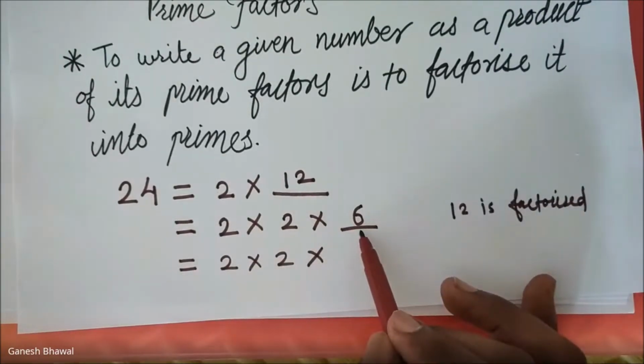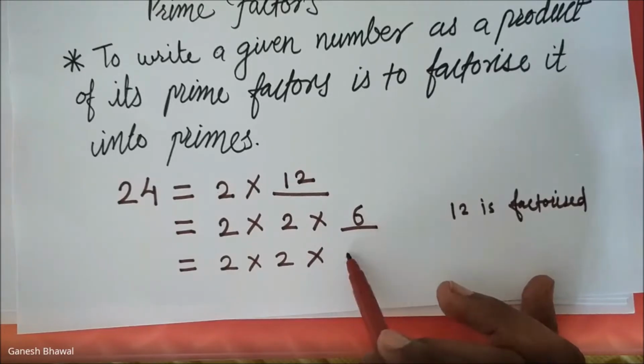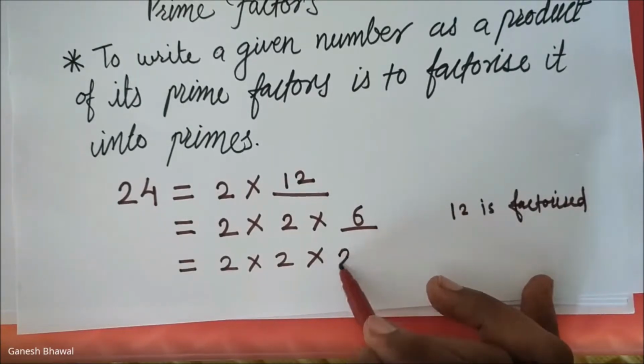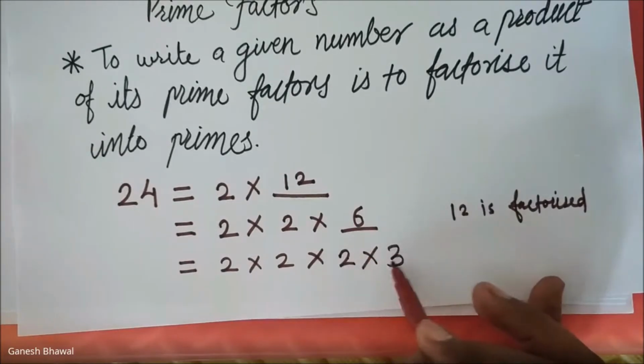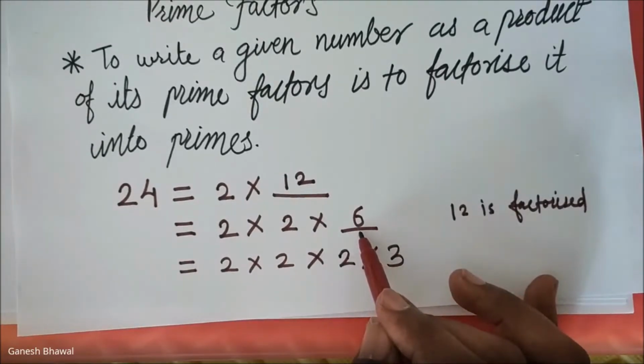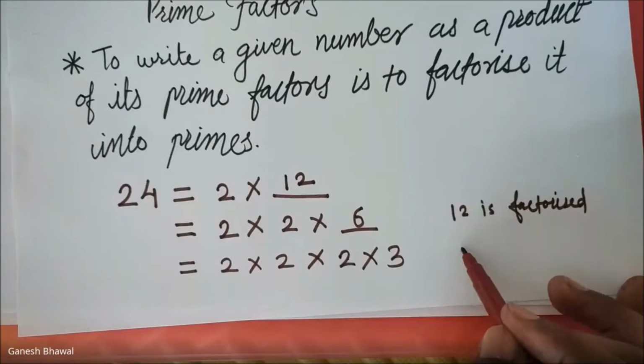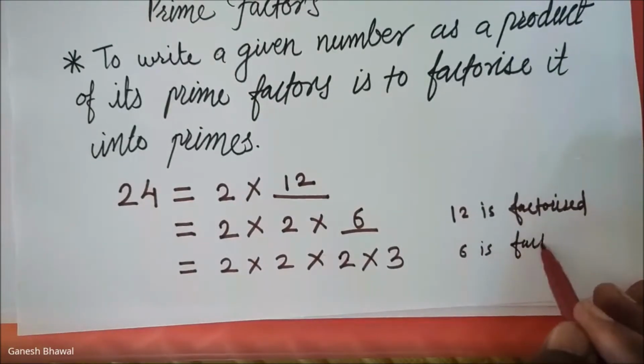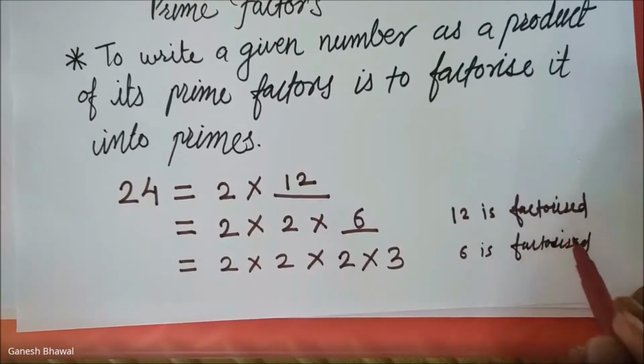Now tell me, factors of 6, 2 factors, what into what equals 6? 2 into 3 comes 6. Here you will write 6 is factorized.